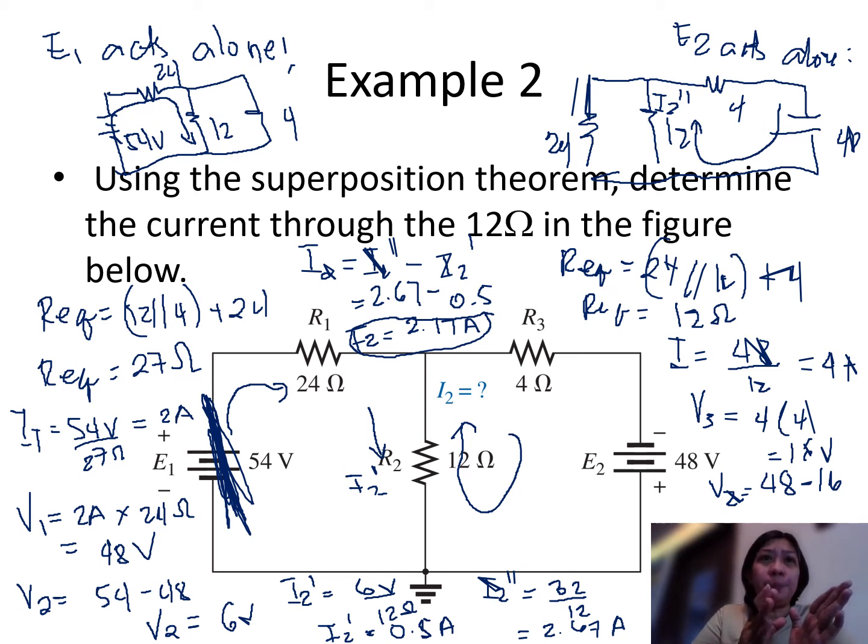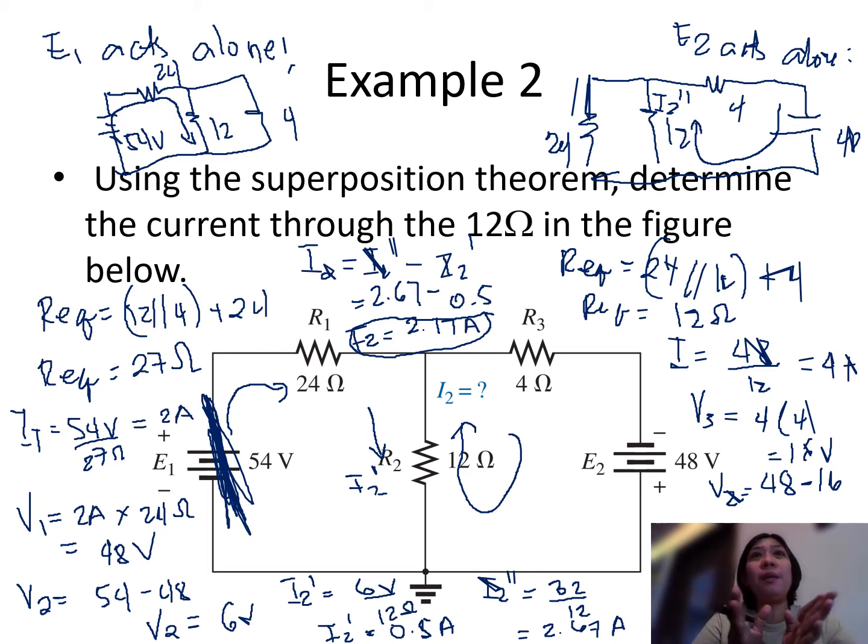When you are going to solve this with E1 and E2 together, you may use Kirchhoff's laws, you may use nodal analysis, you may use mesh analysis, or you can also make use of the superposition theorem, wherein you analyze them separately.